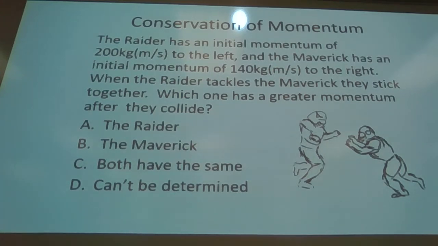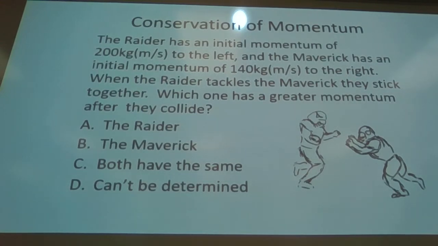Talk to your neighbor. Oh, wait. They have the same velocity, so it can't be true.